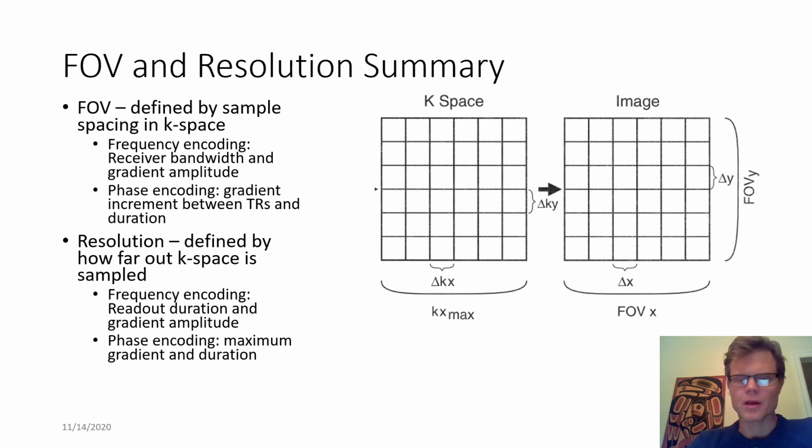Okay, and now you have formulas to calculate all these things out based on receiver bandwidth, gradient amplitudes, gradient increments, gradient durations, both for field of view and for resolution.